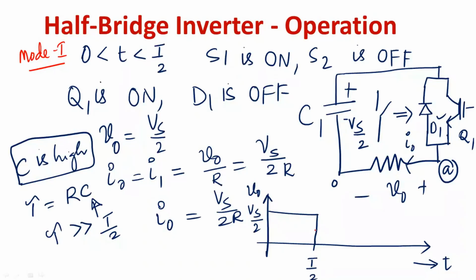Now we try to analyze the circuit operation when switch S2 is on. For the time T by 2 less than t less than T, we treat this as mode 2 of operation.